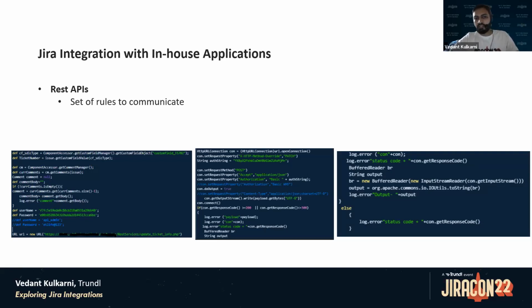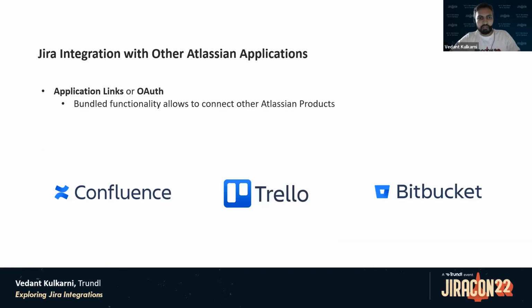Okay, let's also see what other possible ways there are. Another way is the bundled functionality, application links and OAuth, which is another great functionality from Atlassian, where not only creating application links, you can also make use of OAuth to pass tokens, and also to integrate your in-house on-premises applications to your cloud applications.